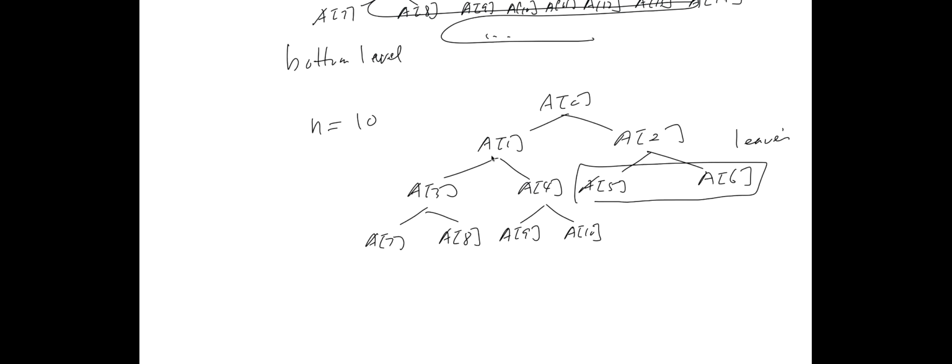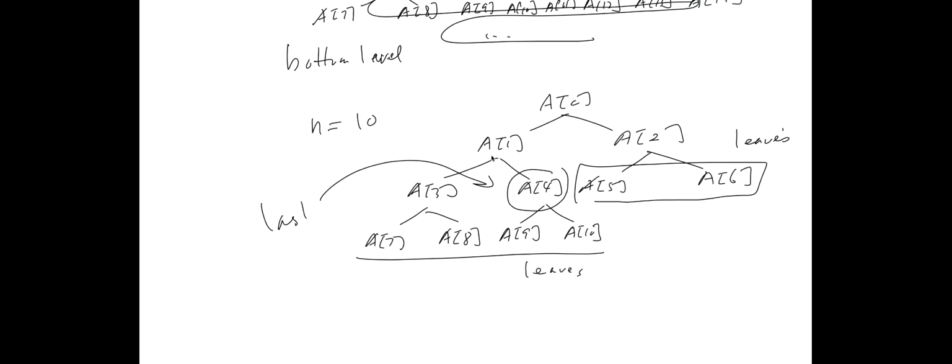So these are leaves. And then the last parent, which means the node that's a parent with the largest index. So we can think that this is the last parent.